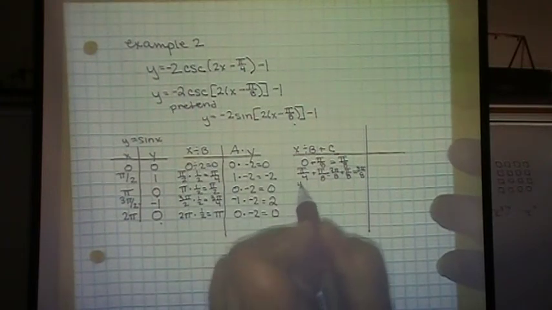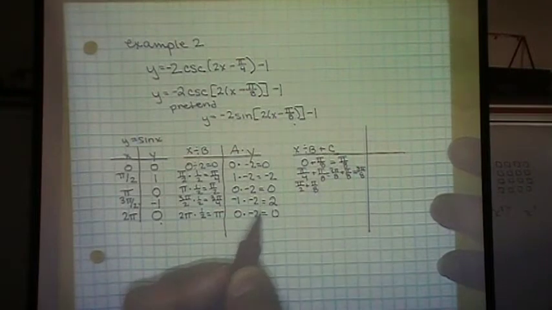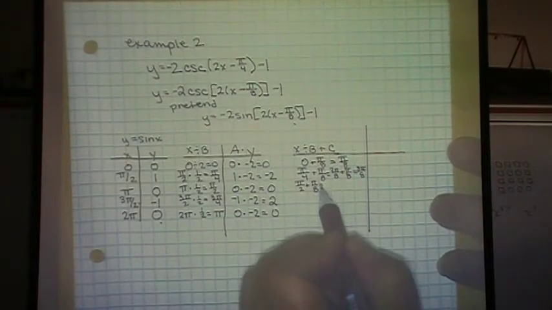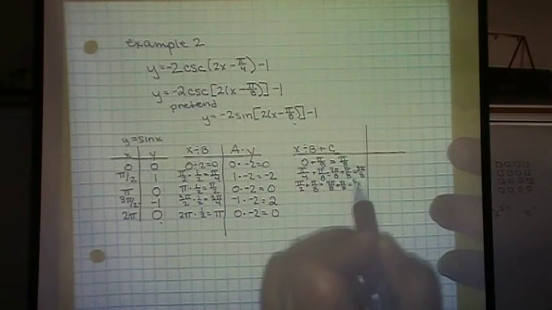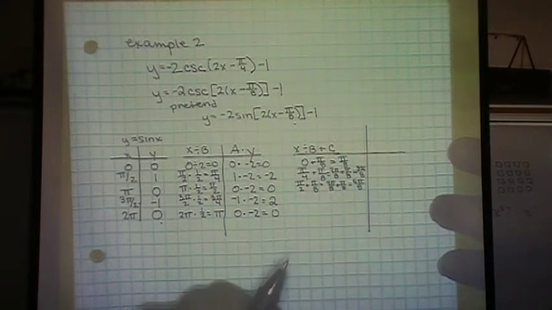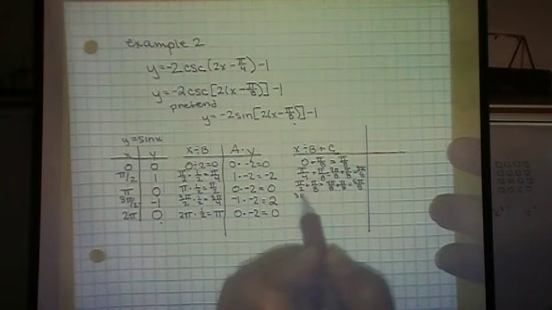Pi over 2 plus pi over 8. Common denominator is 8 again. So that's 4 pi over 8 plus 1 pi over 8. And that's 5 pi over 8. 3 pi over 4 plus pi over 8.